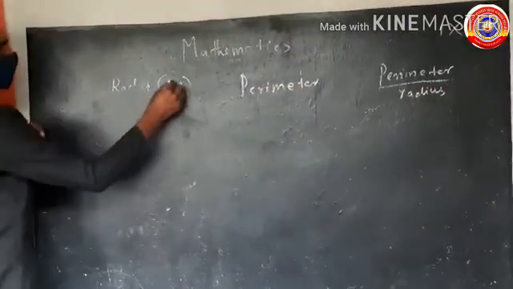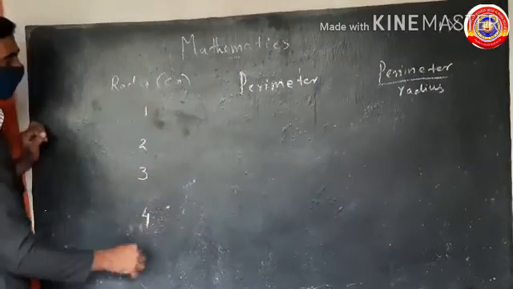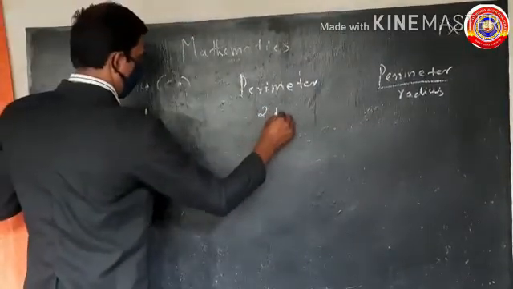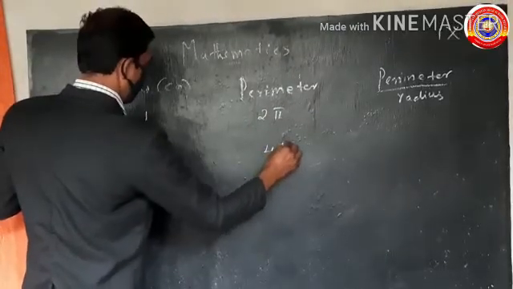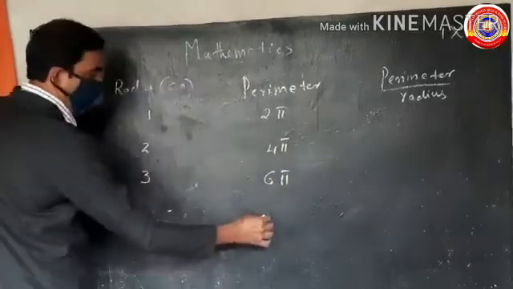Let the radius be 1, 2, 3 and 4 centimeter and the perimeter 2 pi, 4 pi, 6 pi and 8 pi.